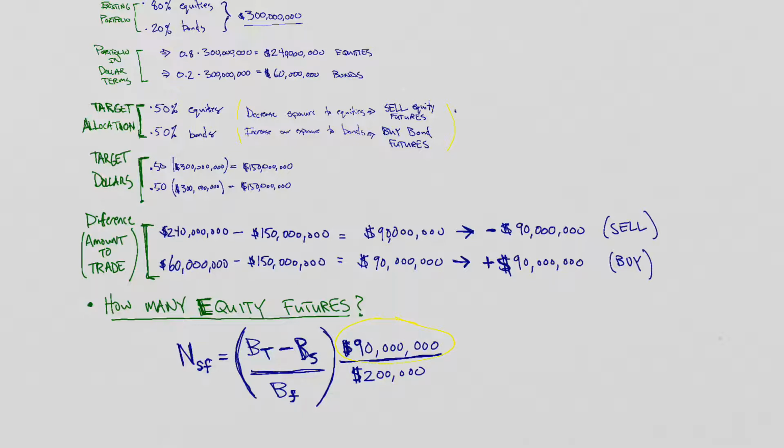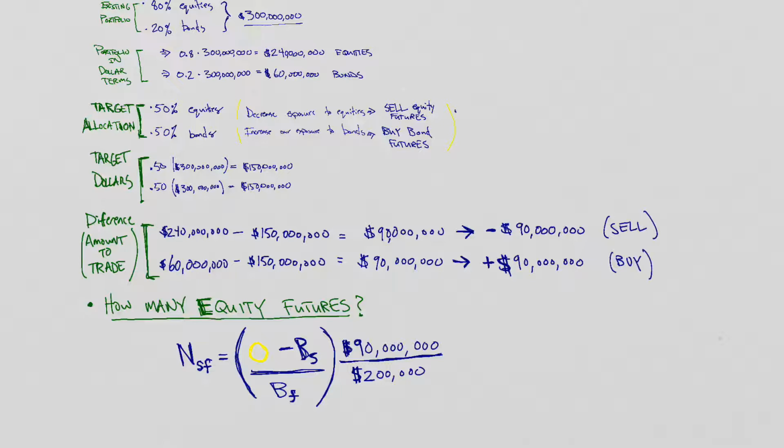And so you could say our target beta here doesn't exist. More precisely, the target beta is 0. We're trying to get this $90 million down to 0 market exposure, 0 equity exposure.